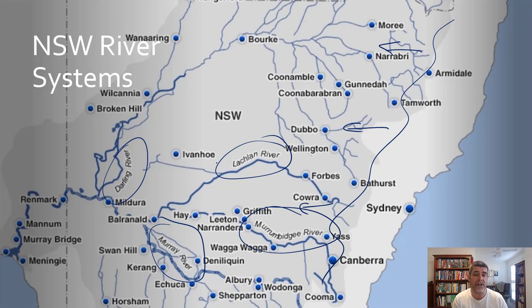We can see that there's lots of fresh water in this state, but it's not consistent, it's not reliable in terms of rainfall. It's not always falling on the areas that we need it to, and so it's a very, very important resource that needs to be managed.